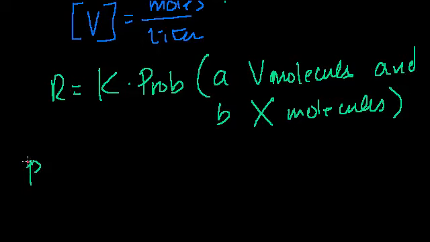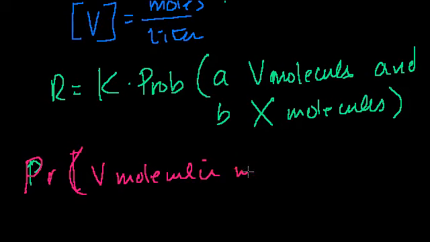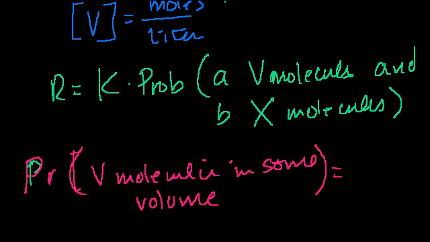But if you use the concentration as the probability, let me switch colors. If the probability of having a V molecule in some volume, if we assume that the solution is homogeneous, that the V molecules are roughly evenly distributed, this isn't even an approximation, it's going to be the concentration of the V molecules times the volume that we care about.